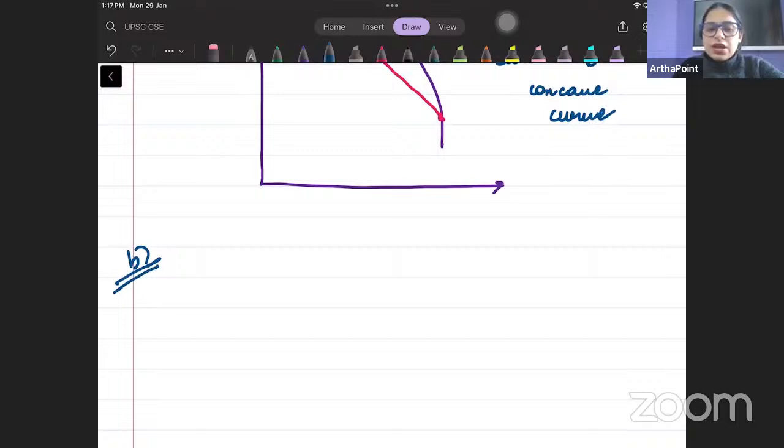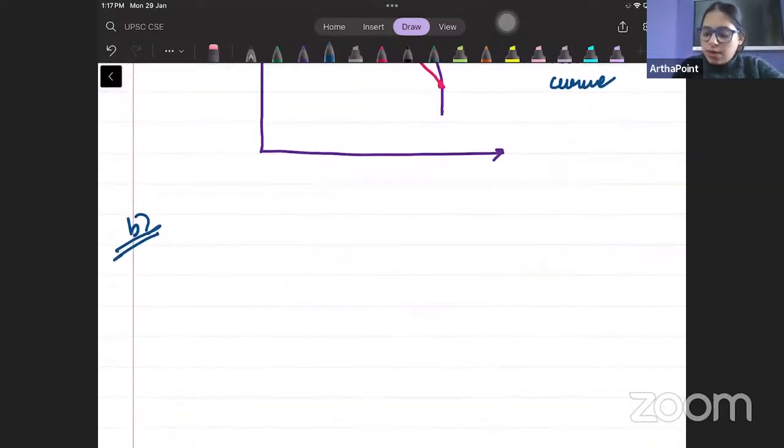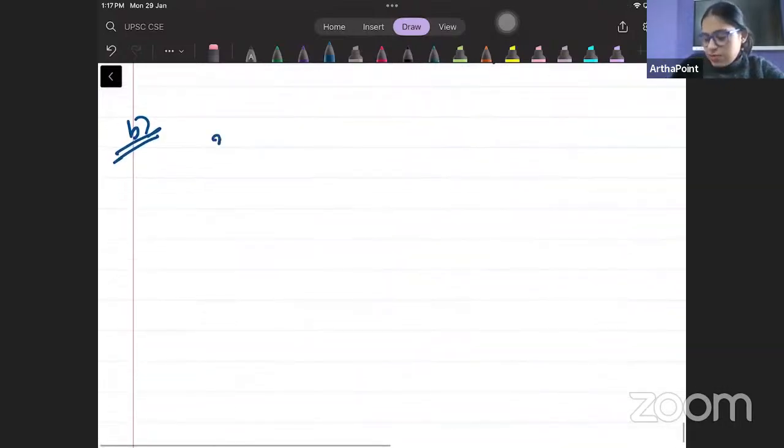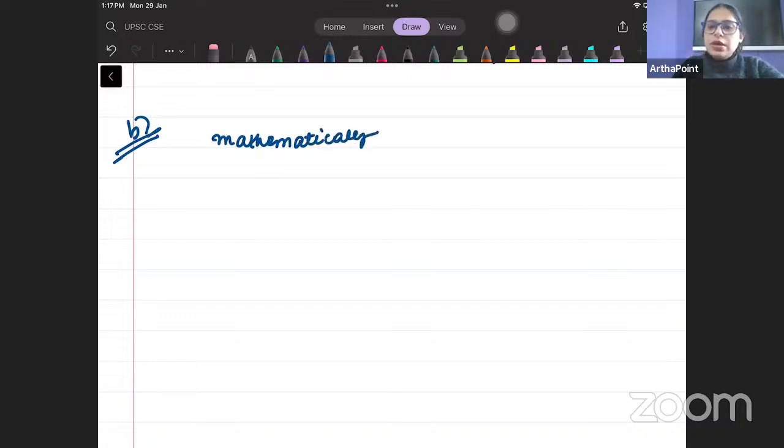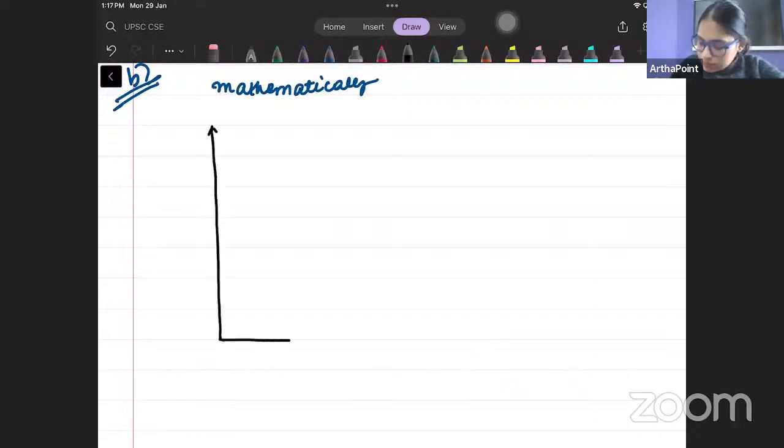Part B. Now we want to go ahead and we want to talk about mathematically. ध्यान से समझना. In order to see mathematically convexity, concavity, हम क्या कर सकते हैं? I have this curve with me.